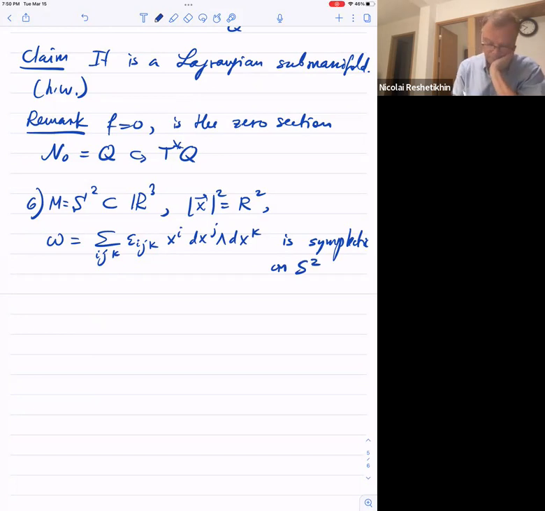There is a sophisticated reason for this. If you say that R3 is the dual space to the Lie algebra SO3, then S2 becomes a coadjoint orbit.